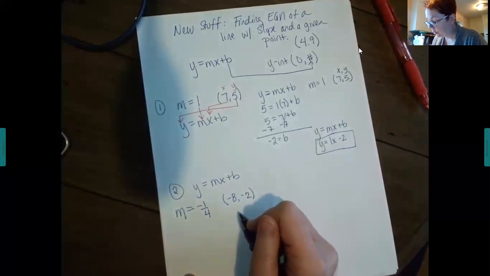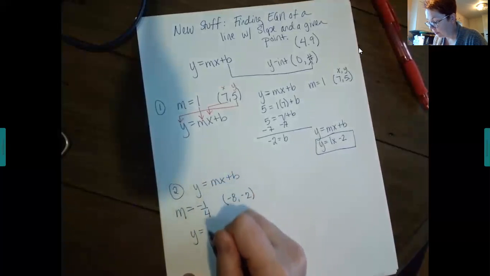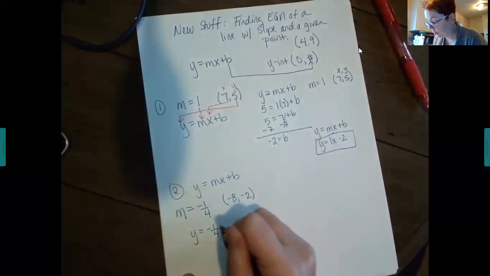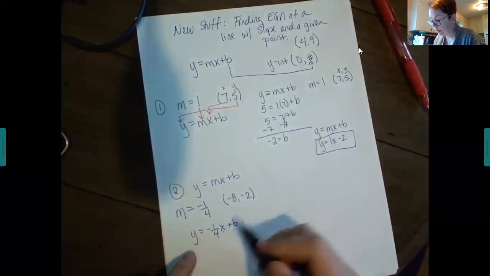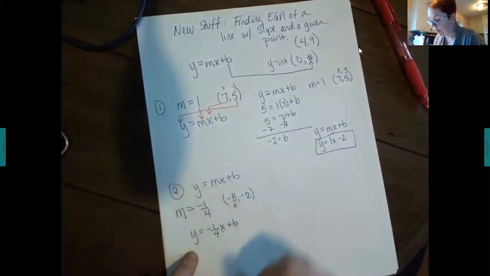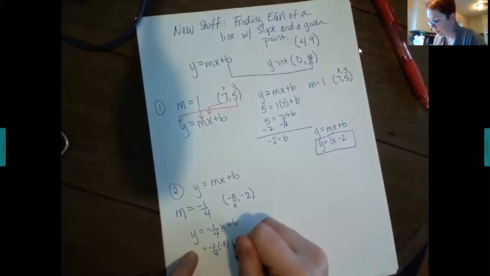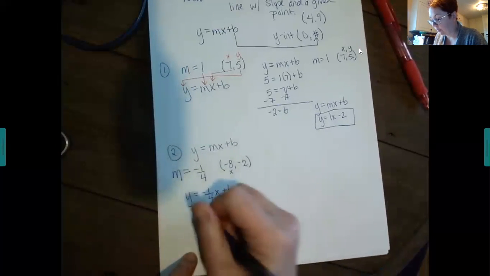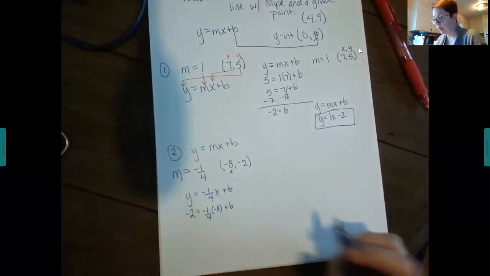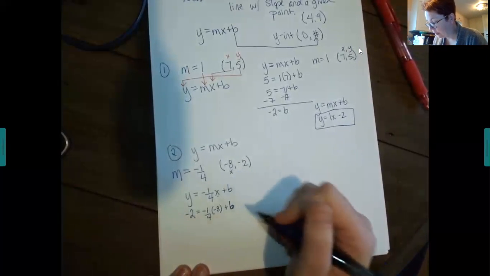So we're going to replace this m with -1/4, and we can replace this x with -8. And we're going to replace this y with -2. And now we're left to solve for b.